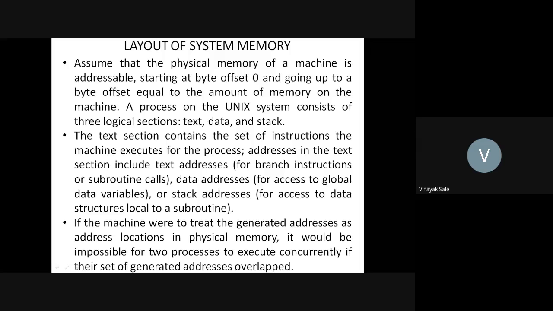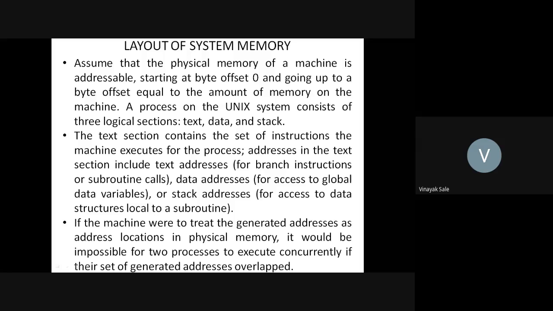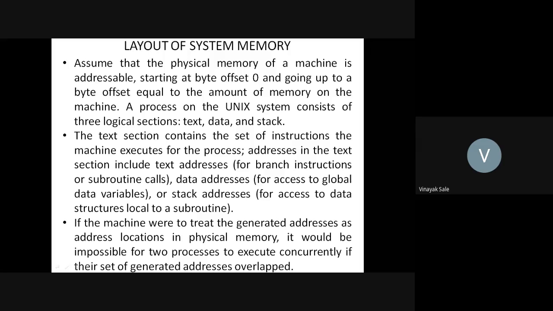If the machine were to treat generated addresses as address locations in physical memory, it would be impossible for two processes to execute concurrently if their generated addresses overlapped.